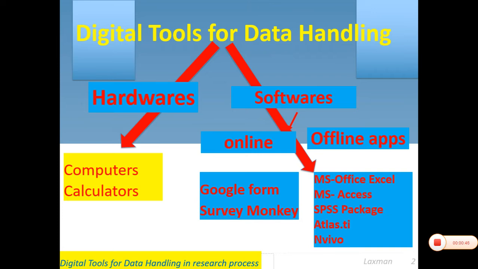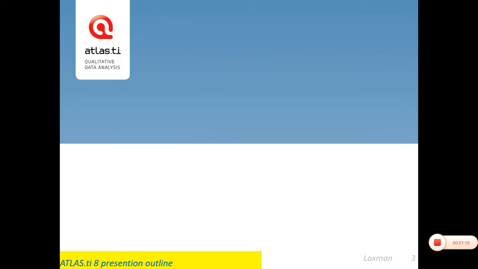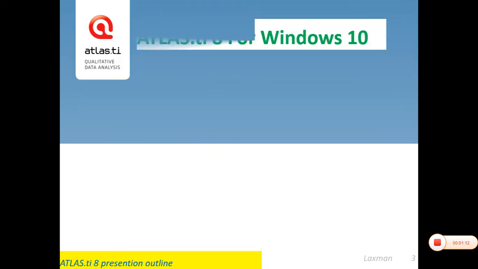And software is of two types, online software and offline software. Google Form and SurveyMonkey are two online tools for data handling. And Excel, Access, SPSS, ATLAS.ti and Vivo are other offline applications that you can use in data handling.